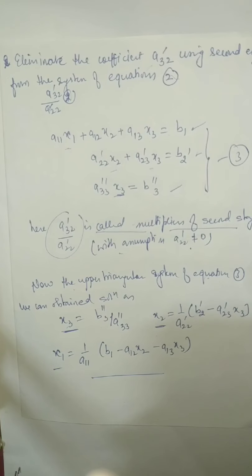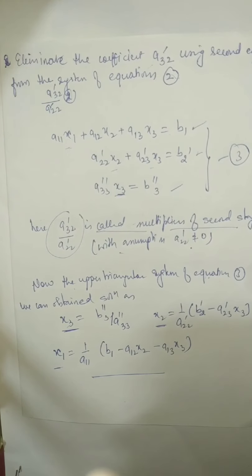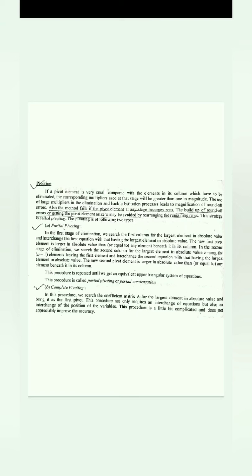Let's understand this with the help of a question. Before this, first we understood the concept of pivoting. Here, let's see how we do pivoting. If a pivot element is very small compared with the elements in its column which have to be eliminated, the corresponding multipliers used at that stage will be greater than 1 in magnitude.